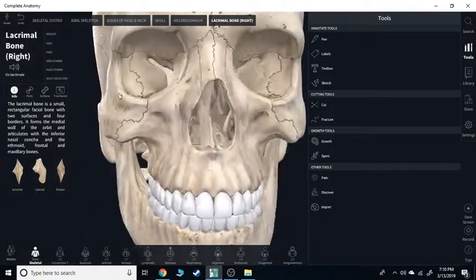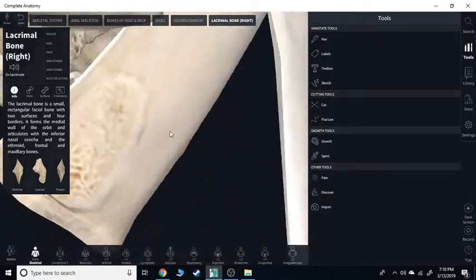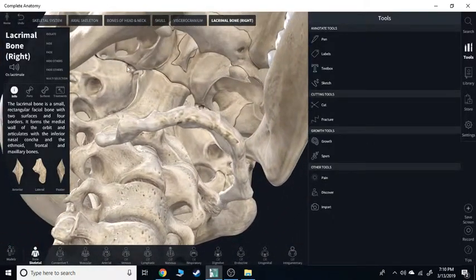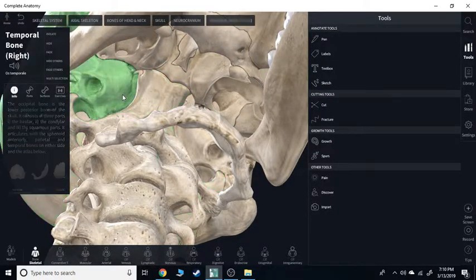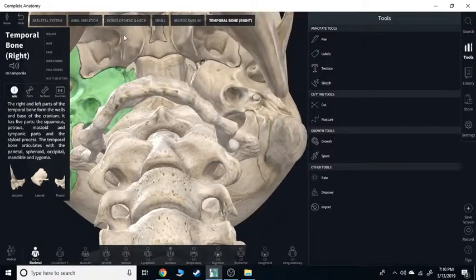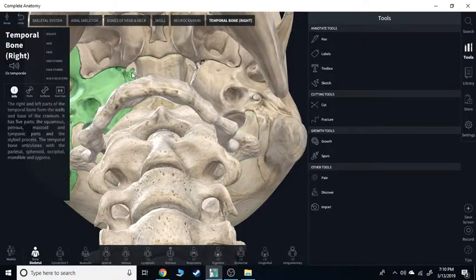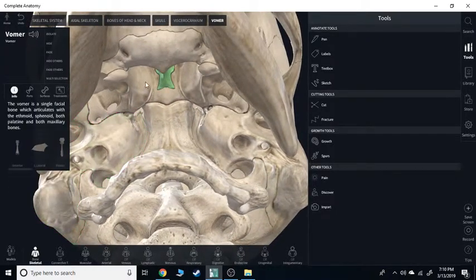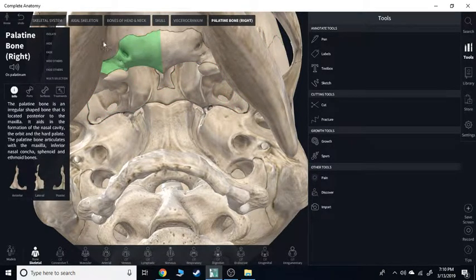Palatine bones. Oh, these are white ones. Let's see if I can isolate them. They're hard to see if you don't. Yeah, I'm a little too far, I think. It's the vomer, sphenoid, palatine.